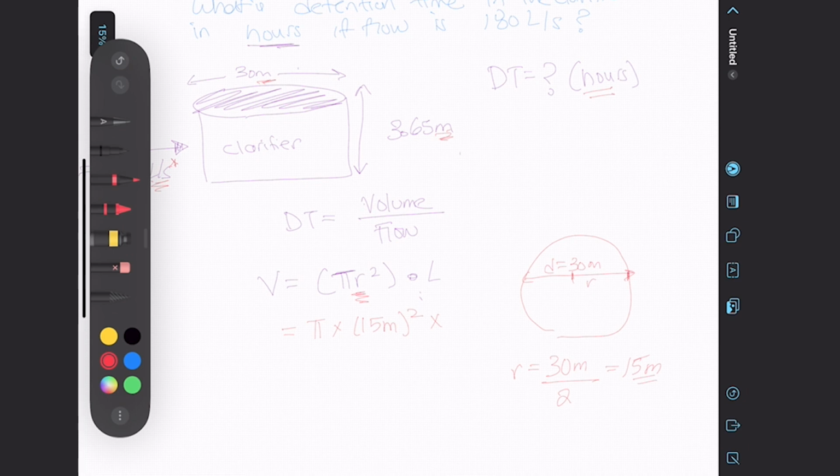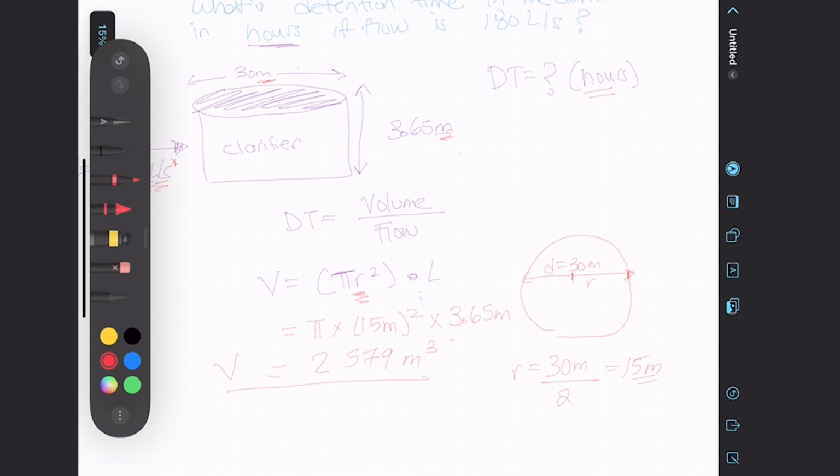So make sure you always get into the habit of doing that. Multiplied by my length, which is 3.65 meters. So I put that into my calculator. Remember that pi is 3.14. I put this in my calculator and I get 2,579 meter cube as my volume.